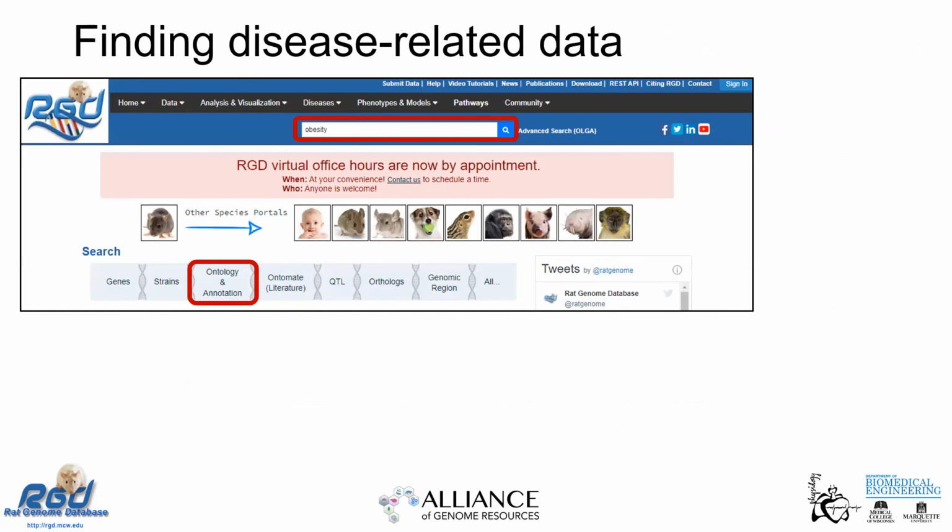So in terms of finding disease-related data, you can just put your disease term in our general search, or we have an ontology specific search.